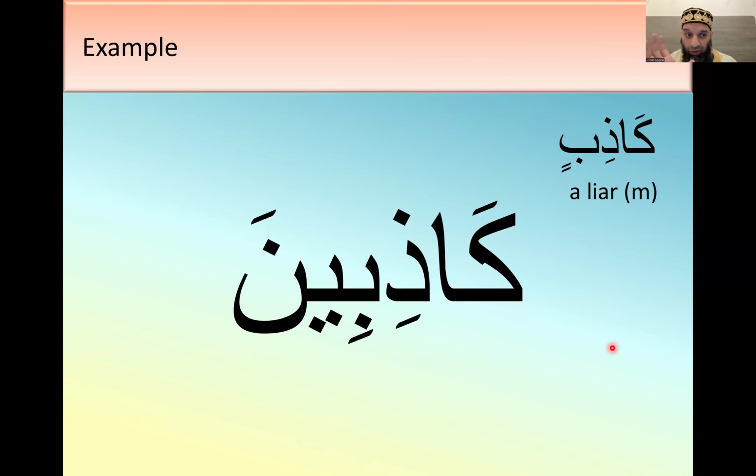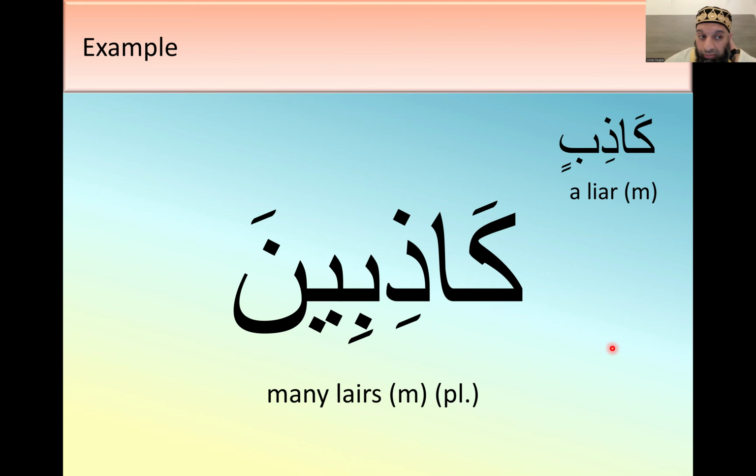When it comes to inanimate objects like table, desk, chair, you normally use a broken plural pattern for them. Kadhibina, excellent. Many liars, lying men. But it could also include women if you say it just like that. It could be a mixed group.